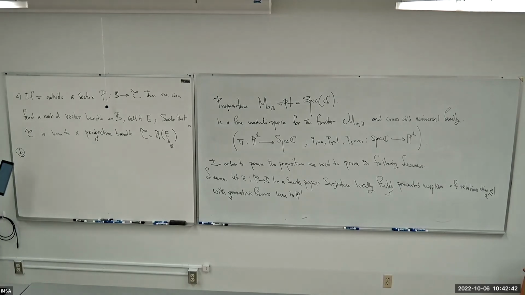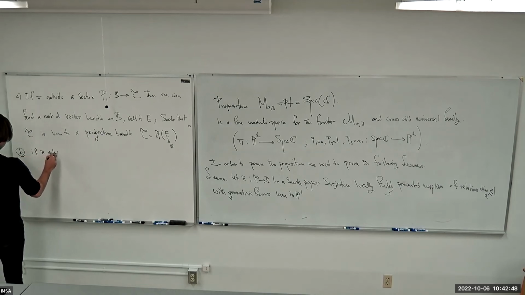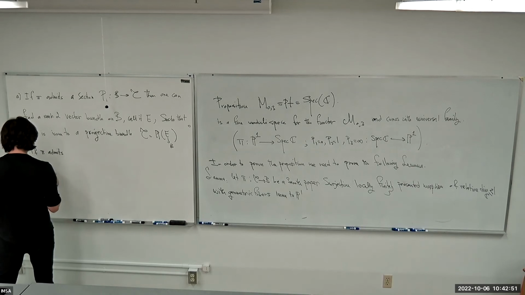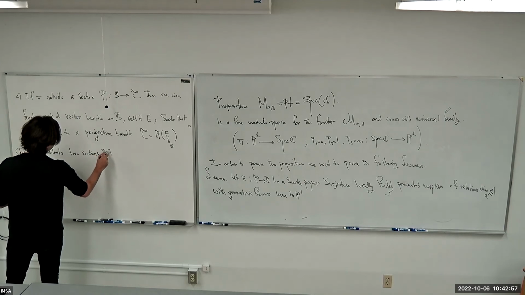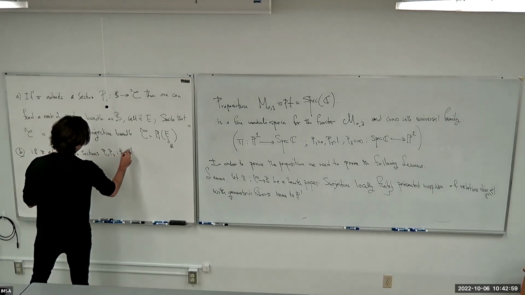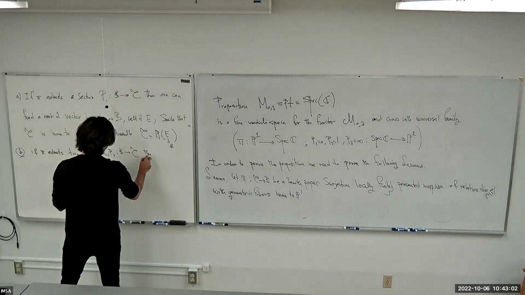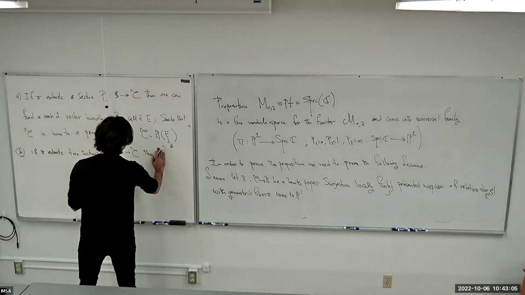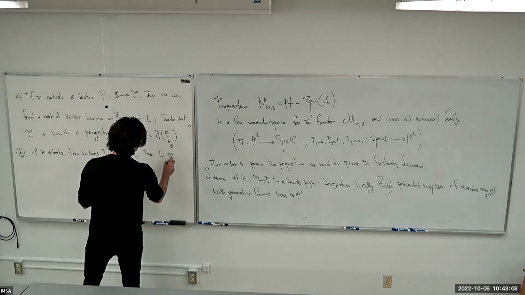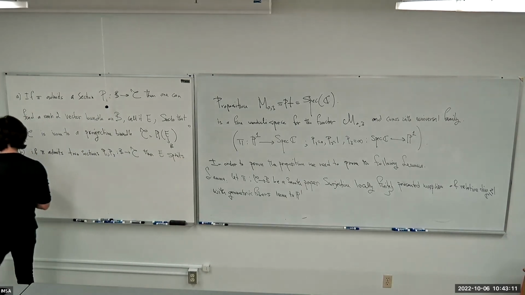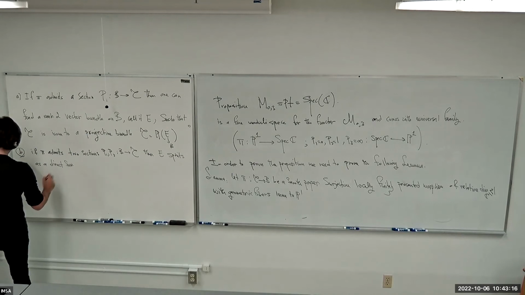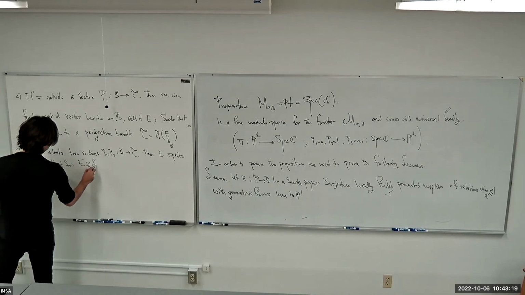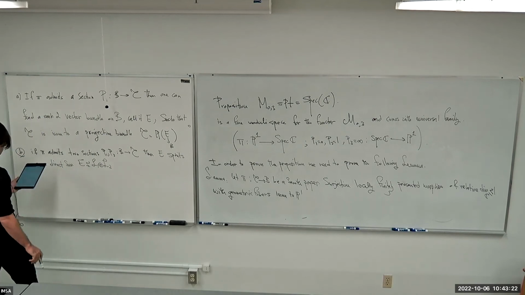Okay. All right, so if pi admits 2 sections, P1 and P2 from B to C, then the vector bundle E splits. Actually, you can show that it splits as a direct sum, so E becomes isomorphic to a sum of 2 line bundles, L1 and L2.